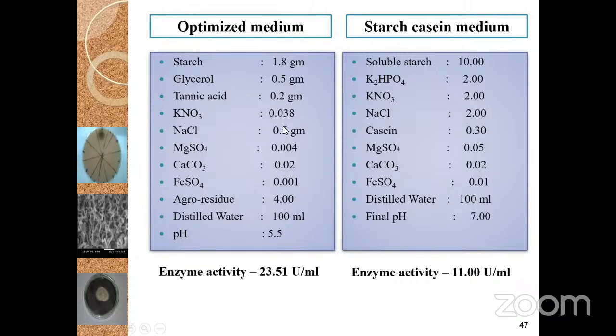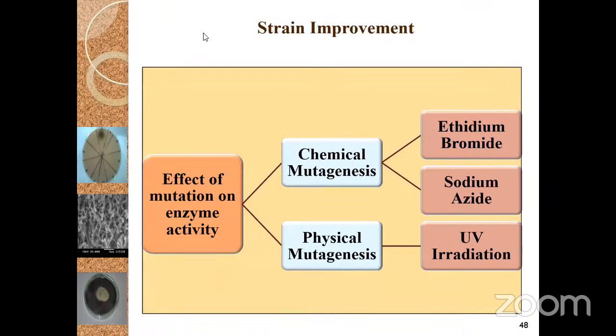So with the initial media, we got enzyme activity of 11 units per ml. But with the help of the optimized media, we got enzyme activity of 23.51 units per ml. So there is a twofold increase in the enzyme activity when we use the media optimized by statistical optimization.